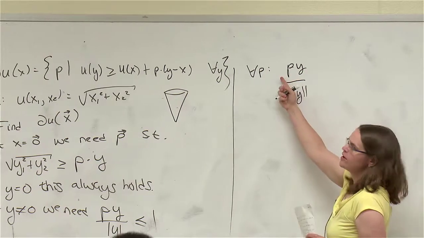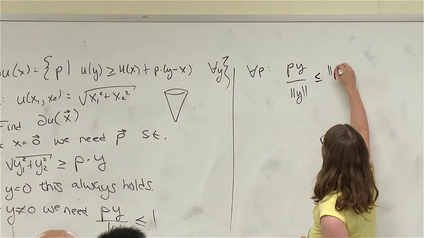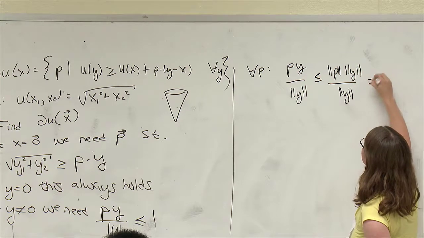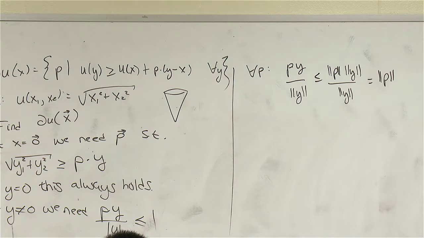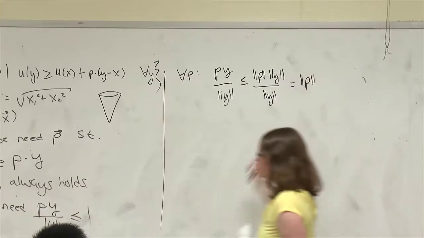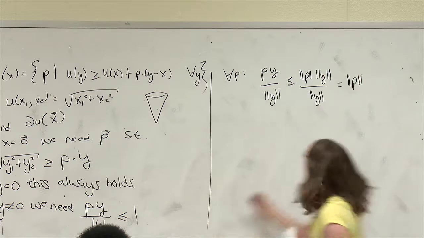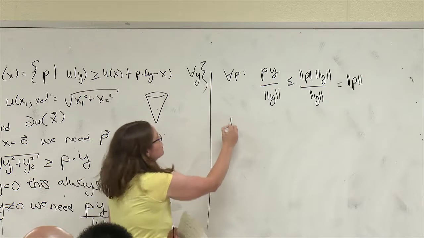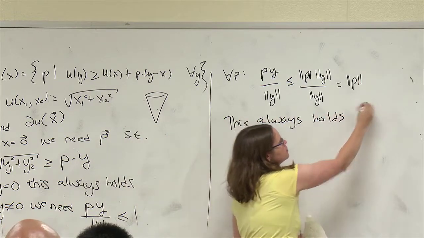Right? This is always less than the norm of p times the norm of y. So p times y divided by y, which is the norm of p. So this is always less than this. That means as long as p is less than 1, right, we want to make sure that this thing is always less than 1. That was our condition over here. As long as p is less than 1, we're fine, right? So this always holds for p less than 1.